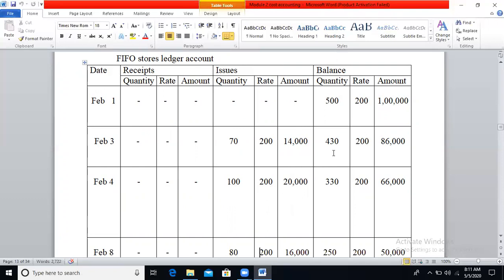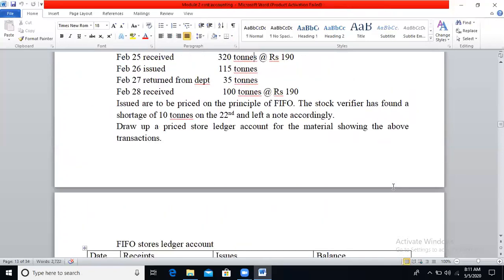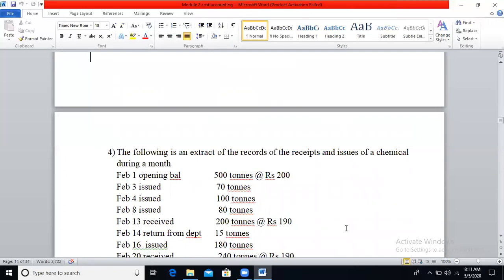Now the balance in the balance column is 430 tons. Out of 430 tons, now we are issuing 100 tons. So the remaining balance will be 330 tons. The rate will be 200. If you multiply 330 into 200, you will get 66,000.